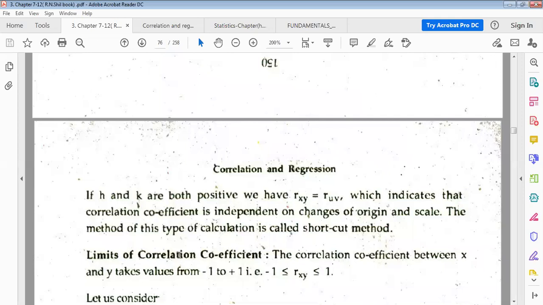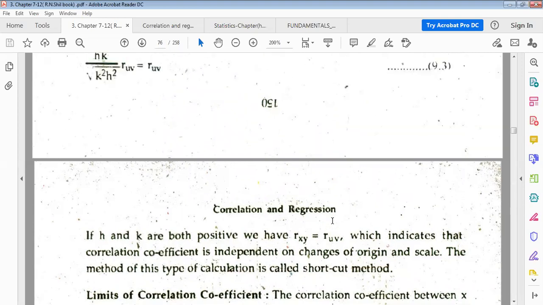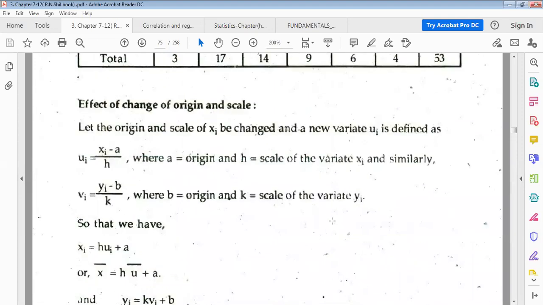The method of this type of calculation is called the shortcut method. Understand, everybody? This is called the shortcut method, and we have proved that there is no effect of change of origin and scale on correlation using these two variates, ui and bi. Ui is the variate of xi data, and bi is the variate of yi data.